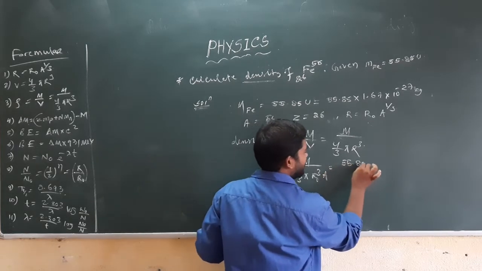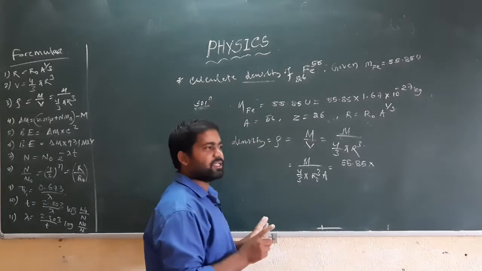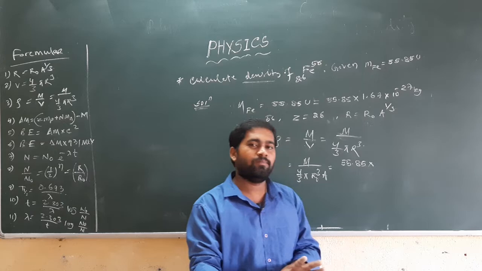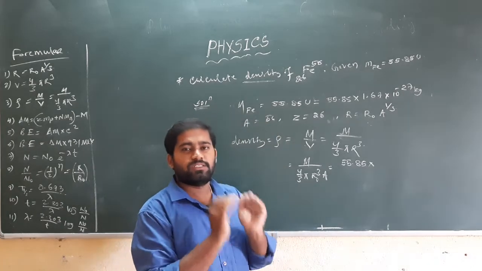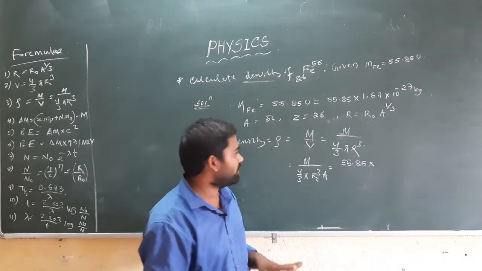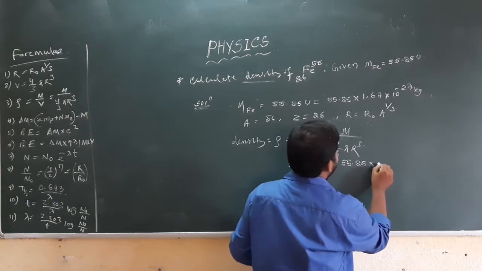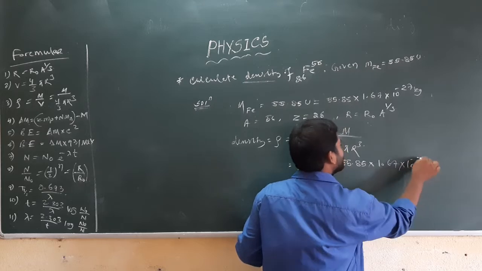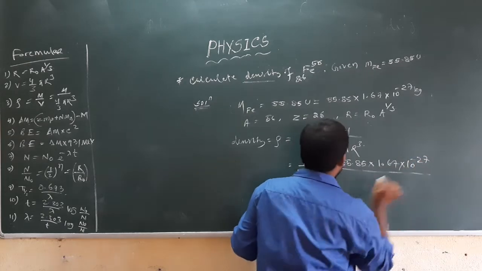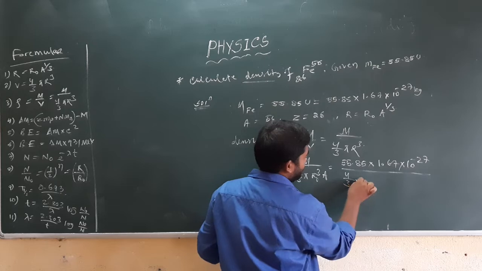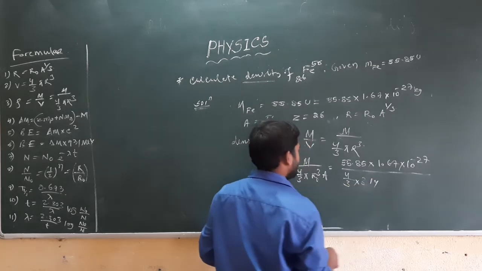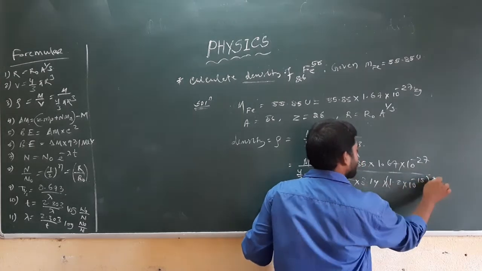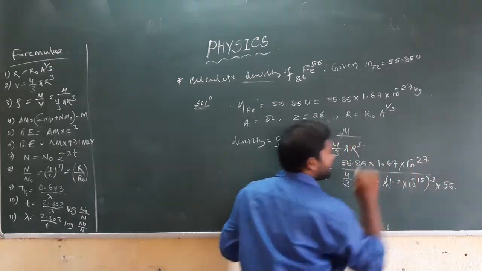So put all the data, 55.85. While substituting the data, do not panic. Always be stable and steady. So 1.67 into 10 to the power minus 27 divided by 4/3 into 3.14 into (1.2 into 10 to the power minus 15) whole cube times 56.